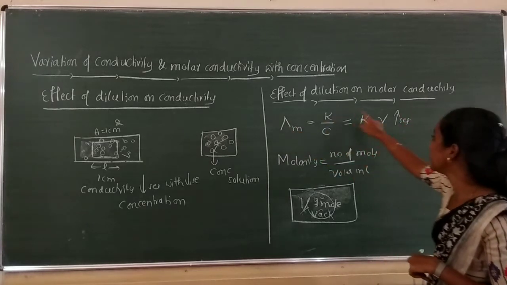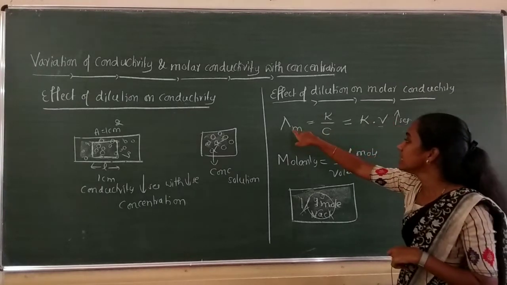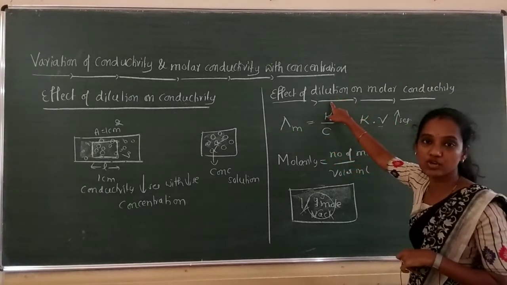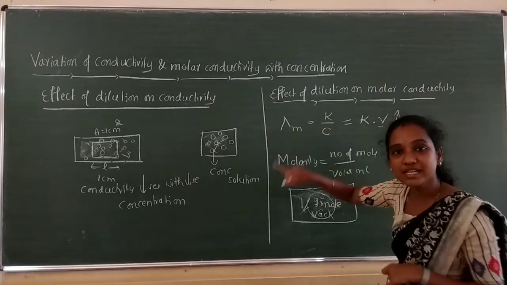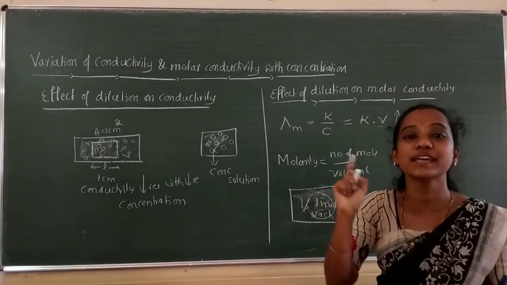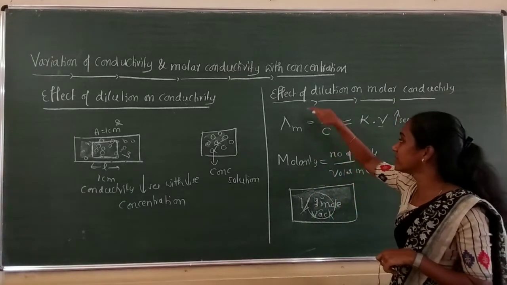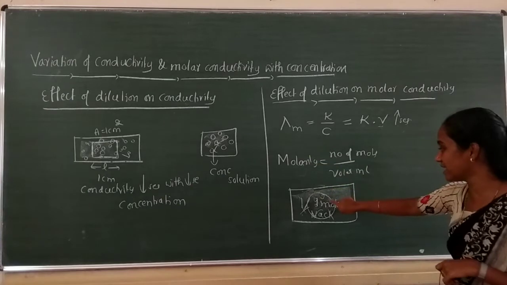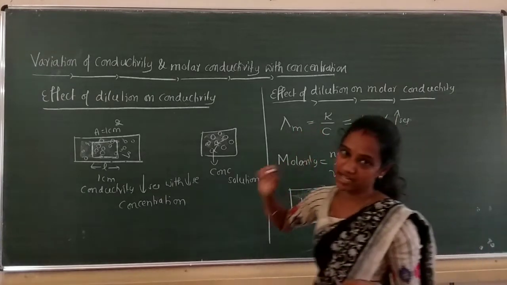Molar conductivity increases. Molar conductivity increases with the dilution, or in other words, molar conductivity increases with the decrease in the concentration of the electrolyte. So as we decrease the concentration of the electrolyte, molar conductivity goes on increasing.